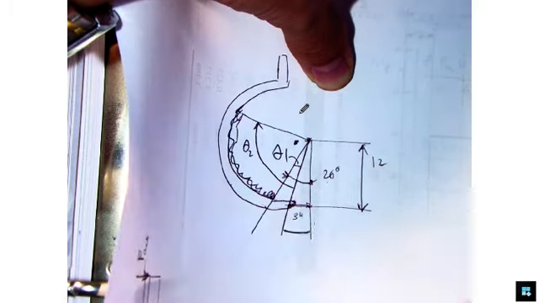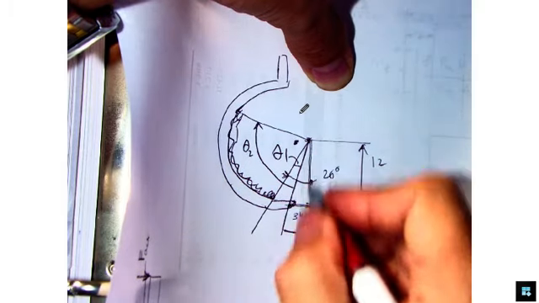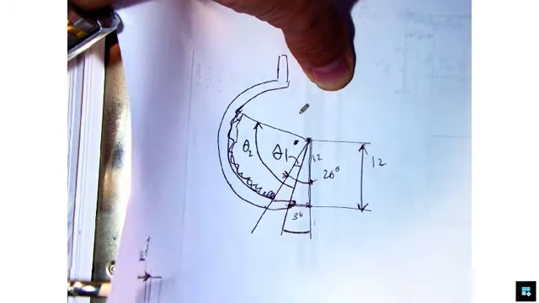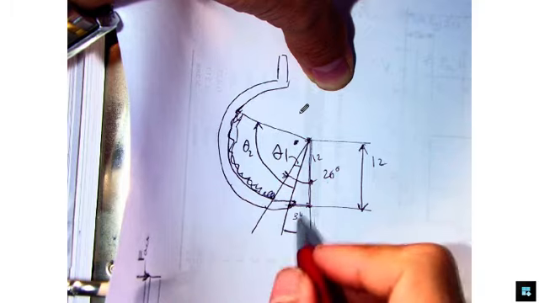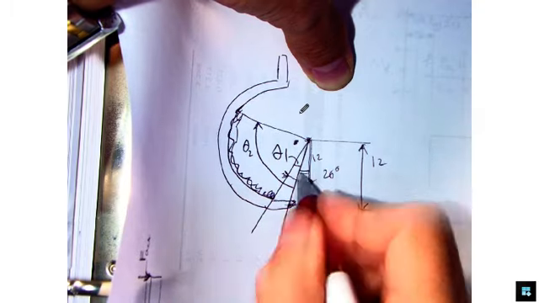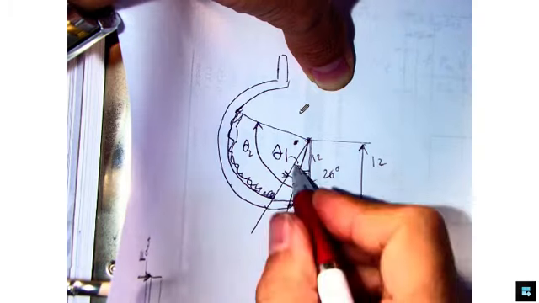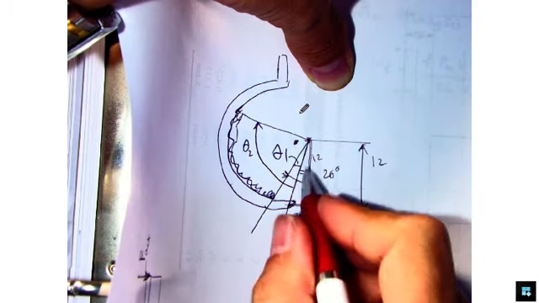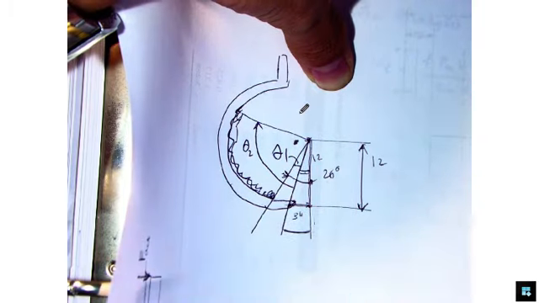So 3 inches here, and this one in this right triangle is 12. So we can go arc tangent of 3 divided by 12 and then find this angle. Right? Once I have that angle, I can find my theta 1 by subtracting that angle from 20.